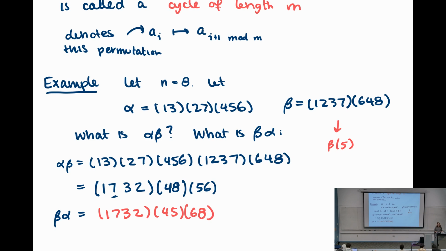Well, 5 is fixed. Wait, was 5 what we were doing? I think it was 6. So what is beta of 6? Beta of 6 would be 4. So then we want to do what is alpha of beta of 6. So that's going to be alpha of 4. And alpha of 4 is 5.